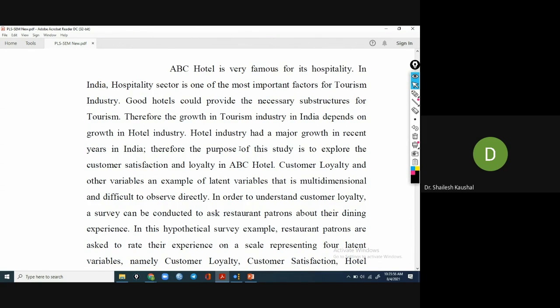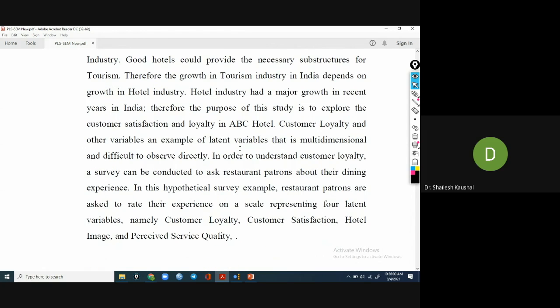The hotel industry had major growth in recent years in India. The purpose of this study is to explore customer satisfaction and loyalty in ABC Hotel. It's a hypothetical case study.